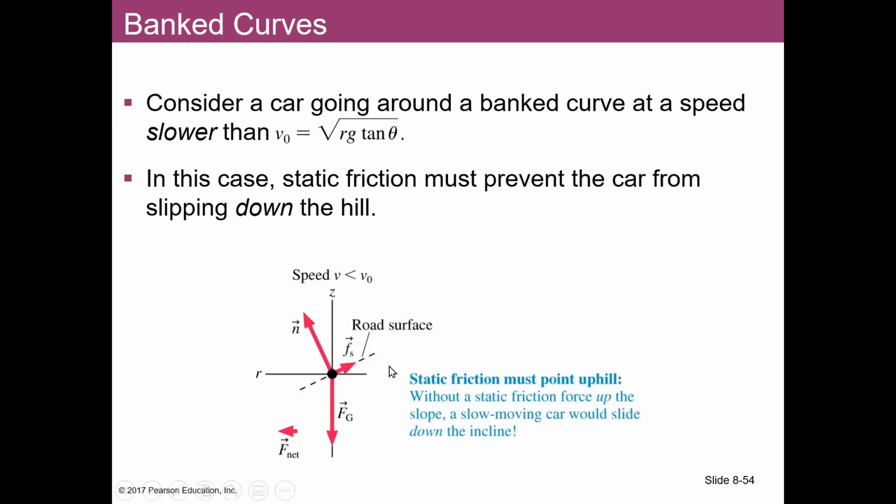Normal force then also has to decrease because now there's an upward component of static friction that's canceling gravity. So the normal force in the banked curve problem, where you're going at less than the rated speed, is less than taking it without friction at the actual rated speed.